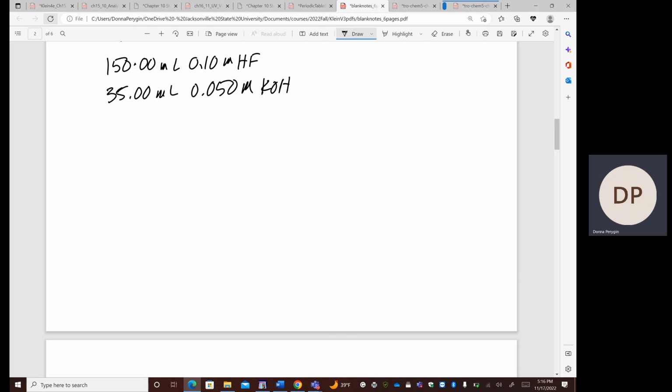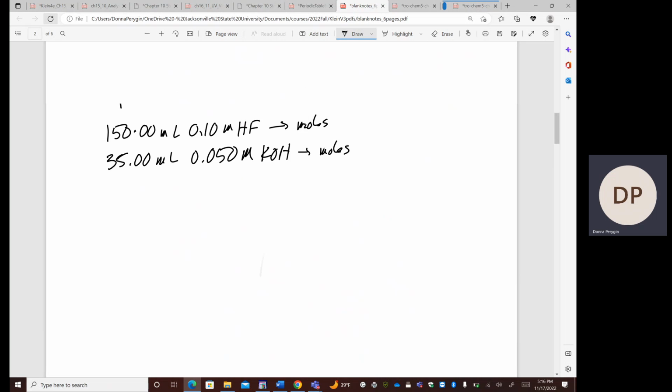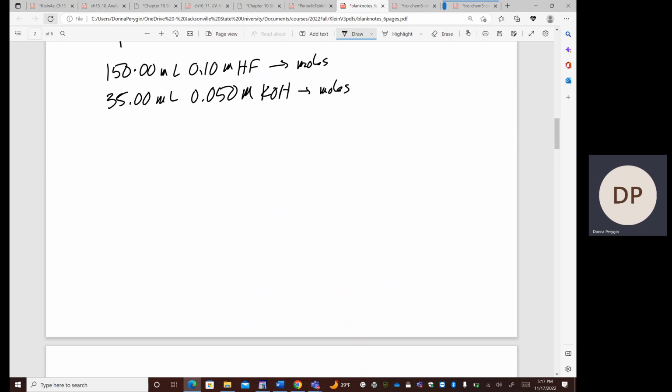We need to calculate the number of moles of each of these species before we get started and find out how many moles reacted. I've got 0.150 liters of HF solution, and I've got 0.10 moles per liter, and that's equal to 0.015 moles of HF. Let's calculate the moles of KOH.